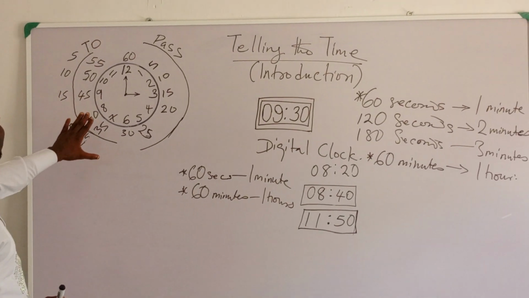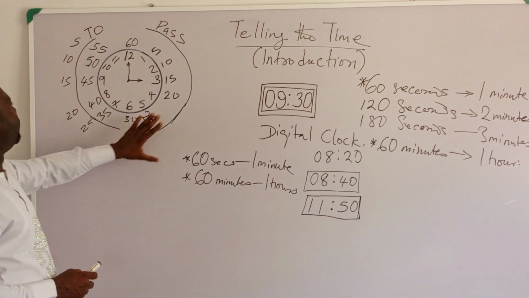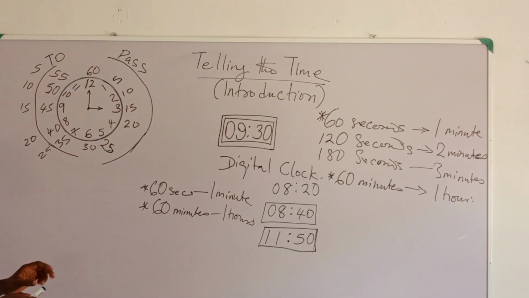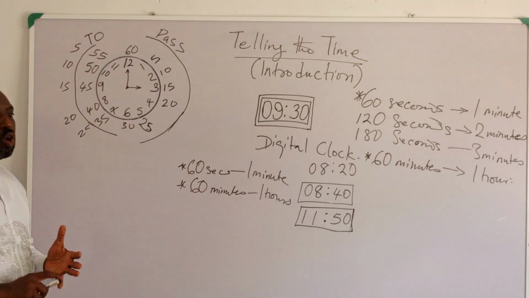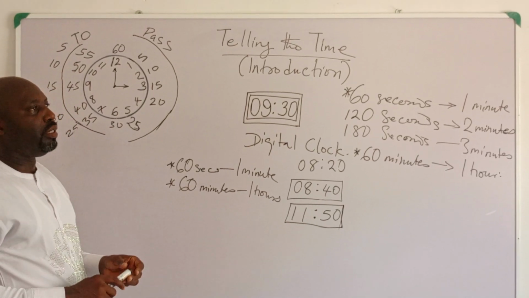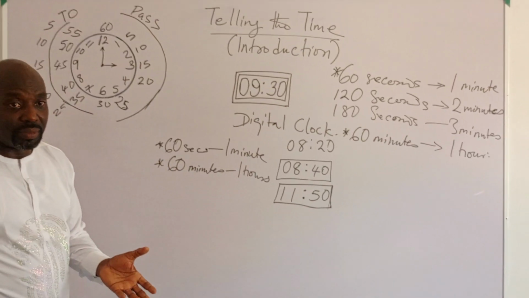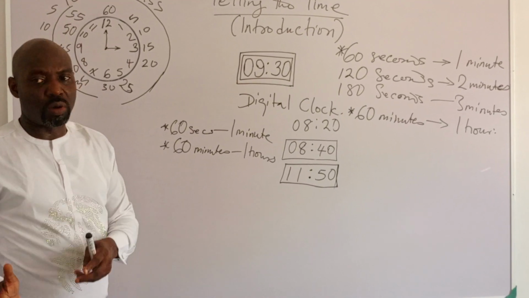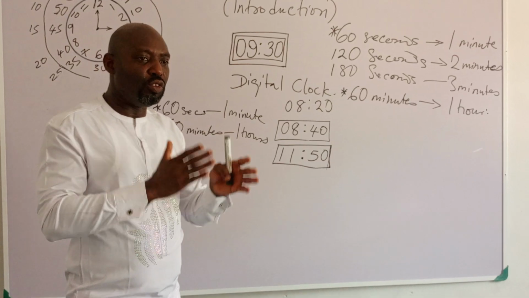So if we look at this now, this is 3 o'clock. When you talk about 3 o'clock, 2 o'clock, 5 o'clock, you know your normal time, right? Yes. Now, the easiest to tell is the o'clock. For instance, 11 o'clock.